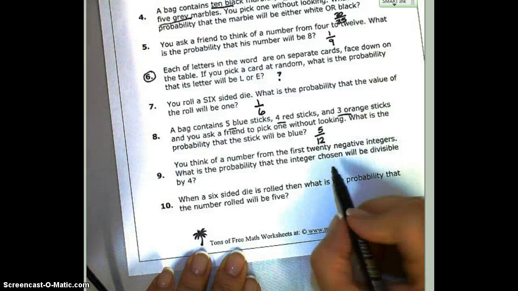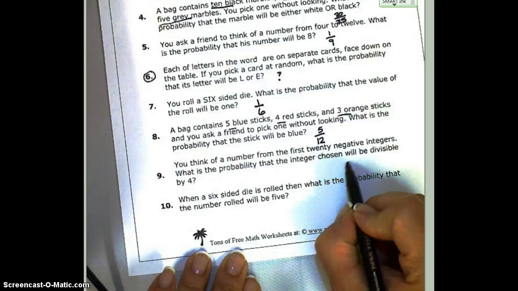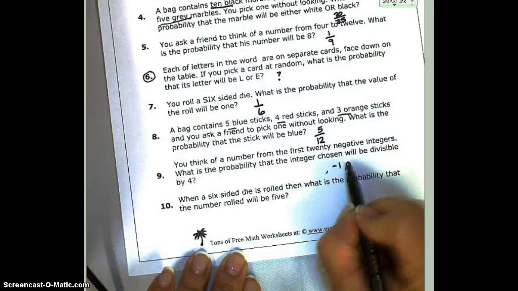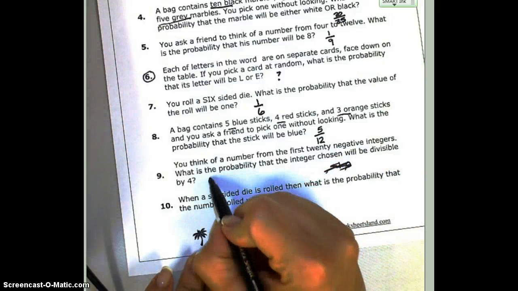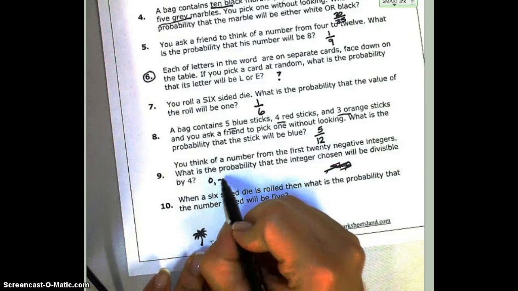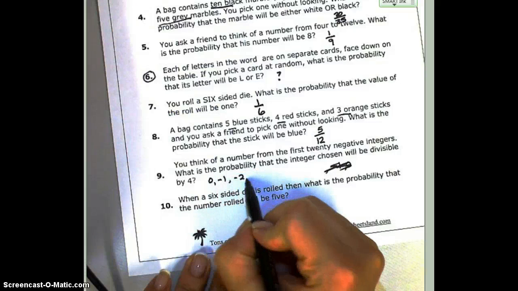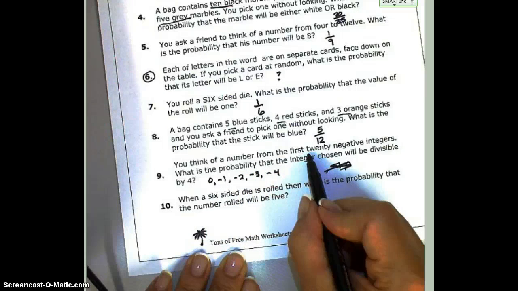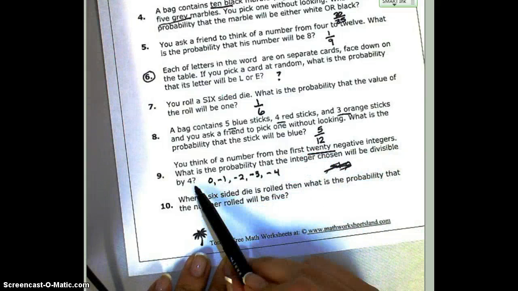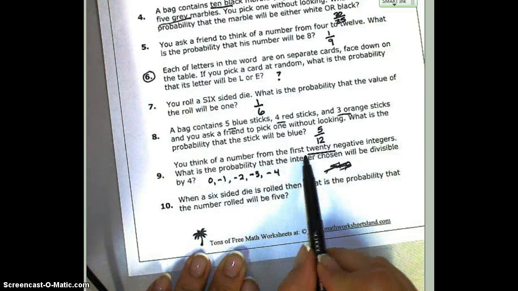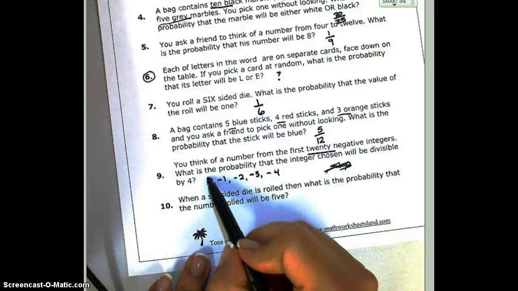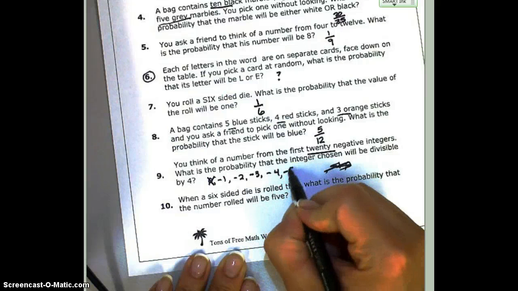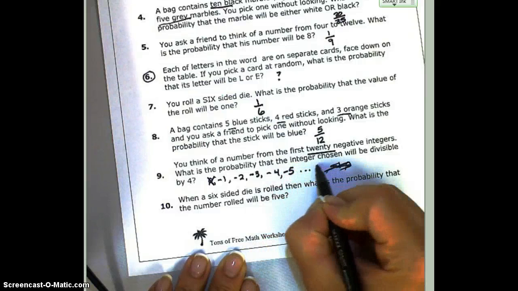So we're going to go backwards here. 0, and then we've got our -1, -2, -3, and we're going to go all the way to a -20, it sounds like. The first 20 negative integers, I'm going to take 0 off because 0 is not negative. And we'll go all the way to a -20.